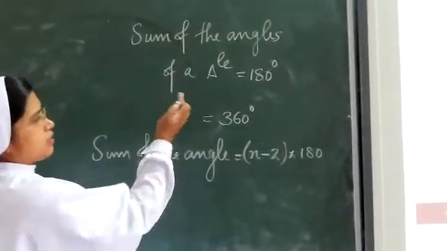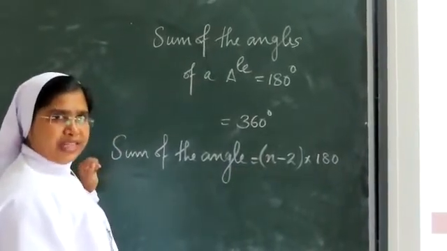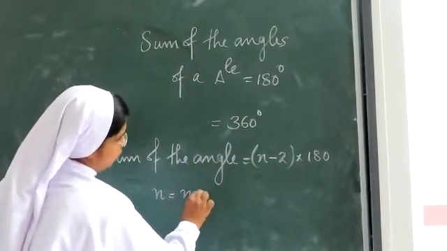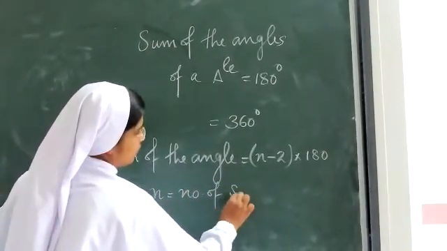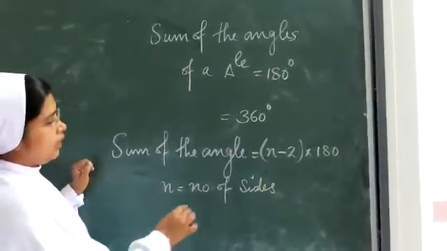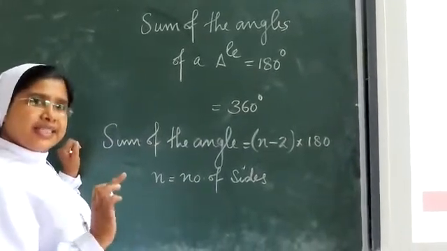So with this example, let us check whether this is correct or not. Now n, what is n? n is equal to the number of sides. Now let us check for this triangle. How many sides are there in a triangle? 3 sides.